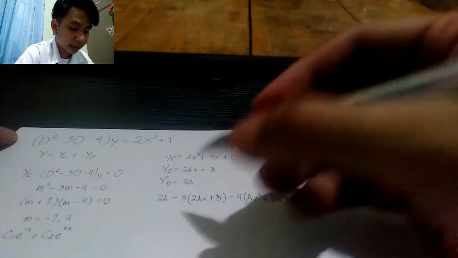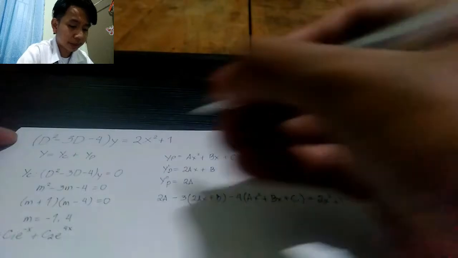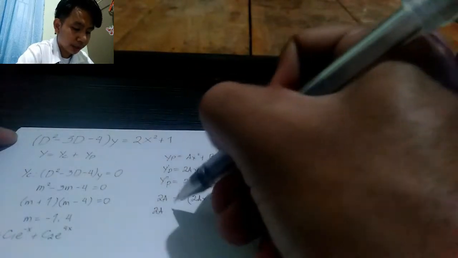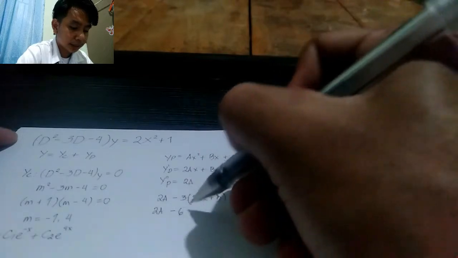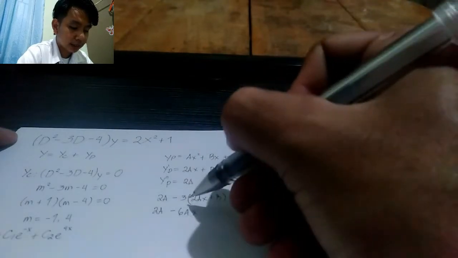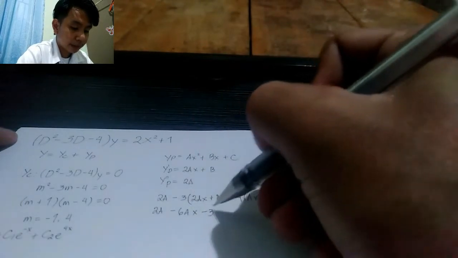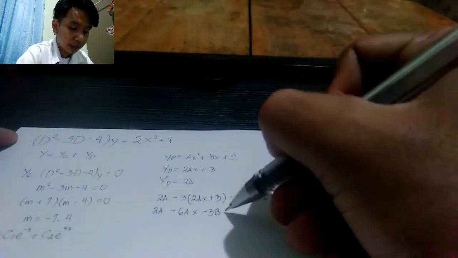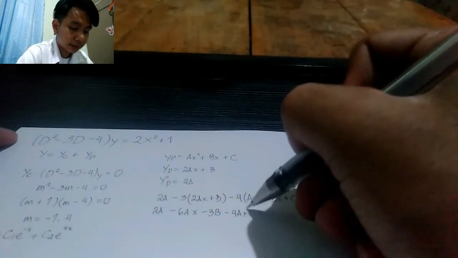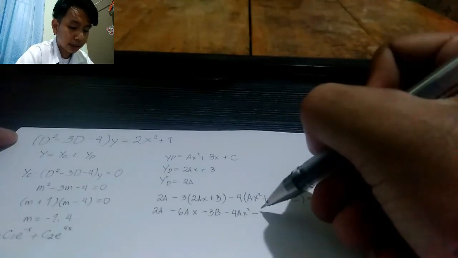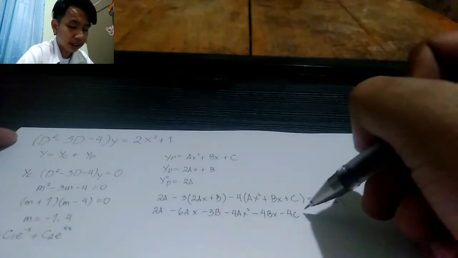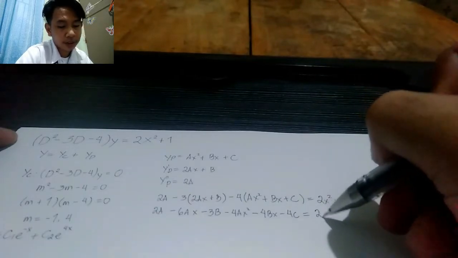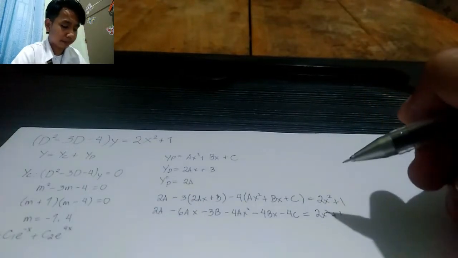And then distribute natin yung mga pwedeng distribute. 2a, negative 3 times 2ax, negative 6ax, negative 3b, negative 4ax squared, negative 4bx, negative 4c is equal sa 2x squared plus 1.